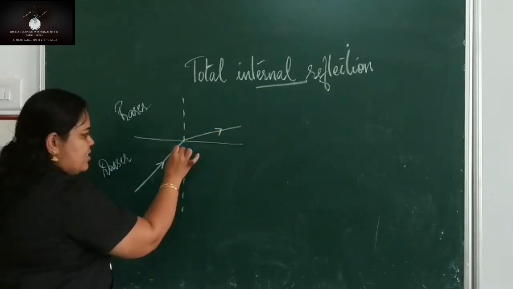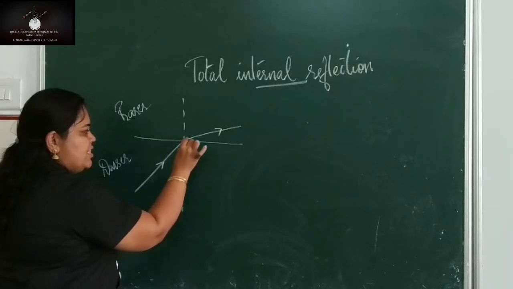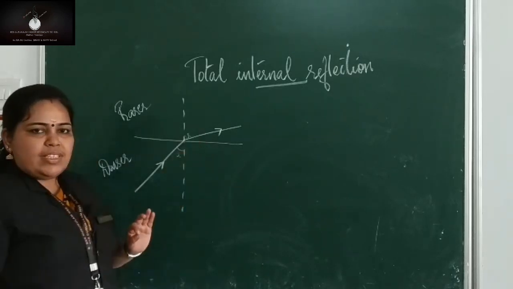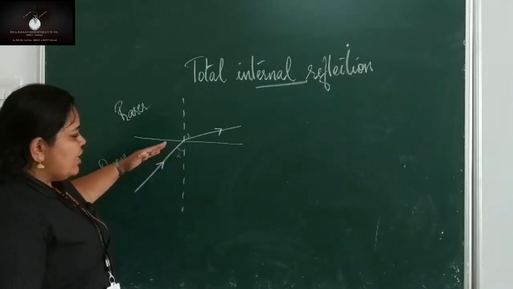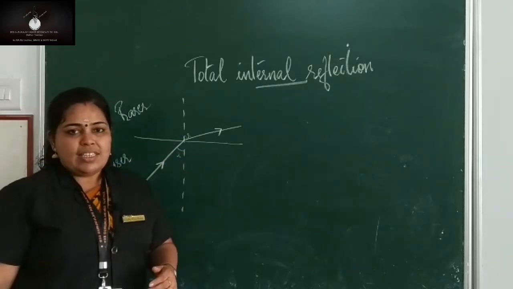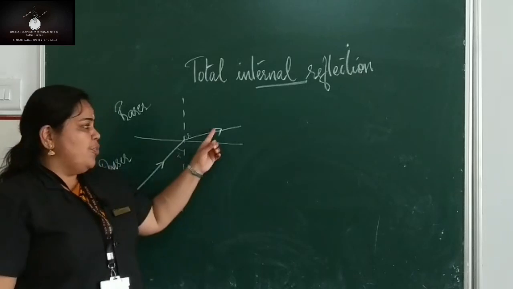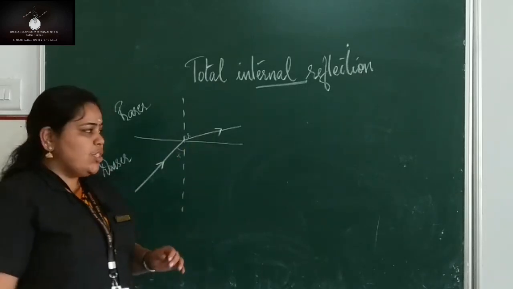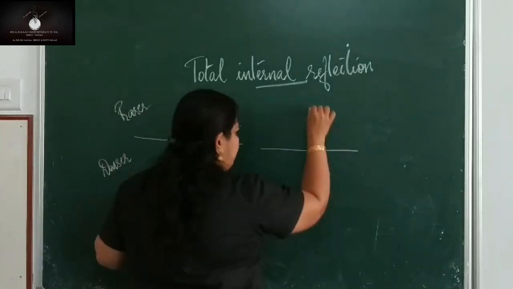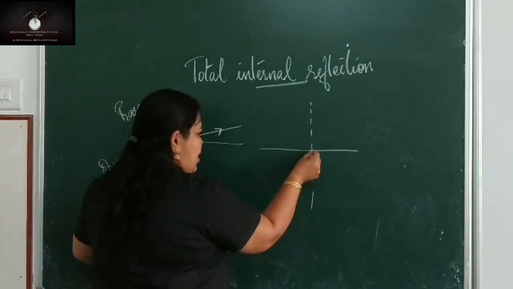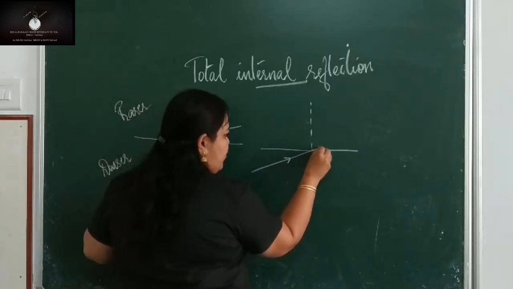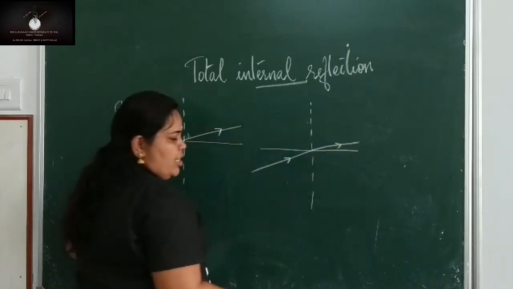And this angle is known as the angle of incidence, and this is the angle of refraction, isn't it? So as the angle of incidence increases, what happens to the angle of refraction? The angle of refraction also changes, isn't it? As the angle of incidence changes, the angle of refraction also changes.